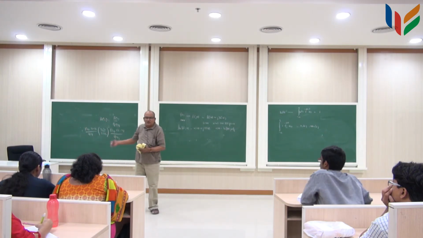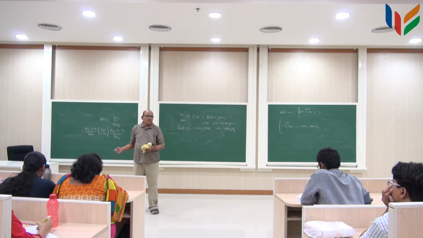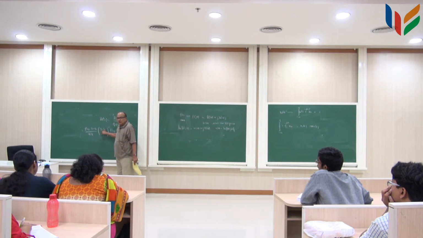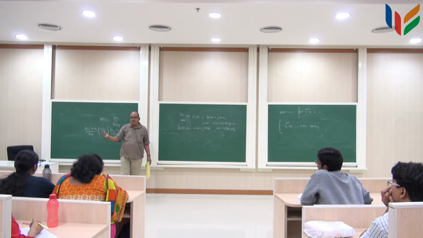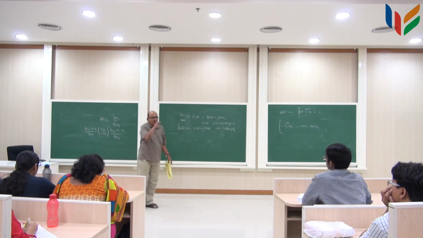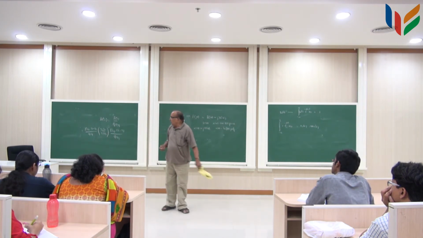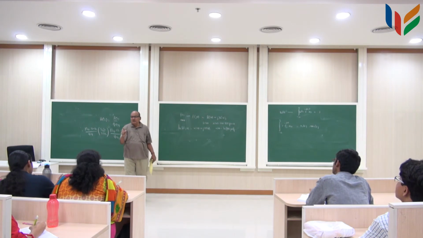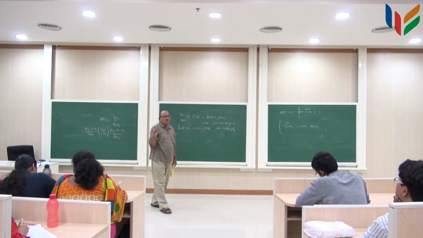Because it is (s minus s naught) by (s plus s naught). So you find the magnitude of this function at s equal to j omega; the magnitude will be exactly the same, and the phase will be doubled up. So this portion of the transfer function is just equal to unity gain, but only a phase variation.